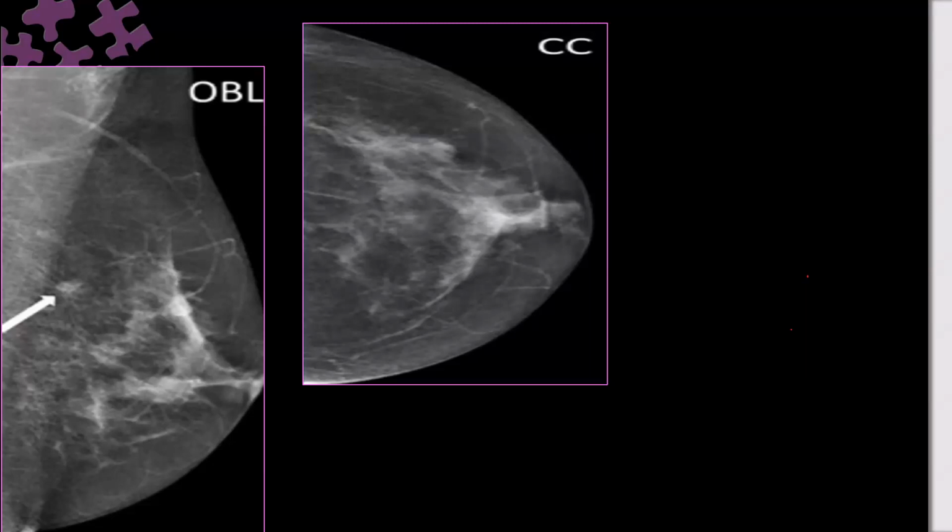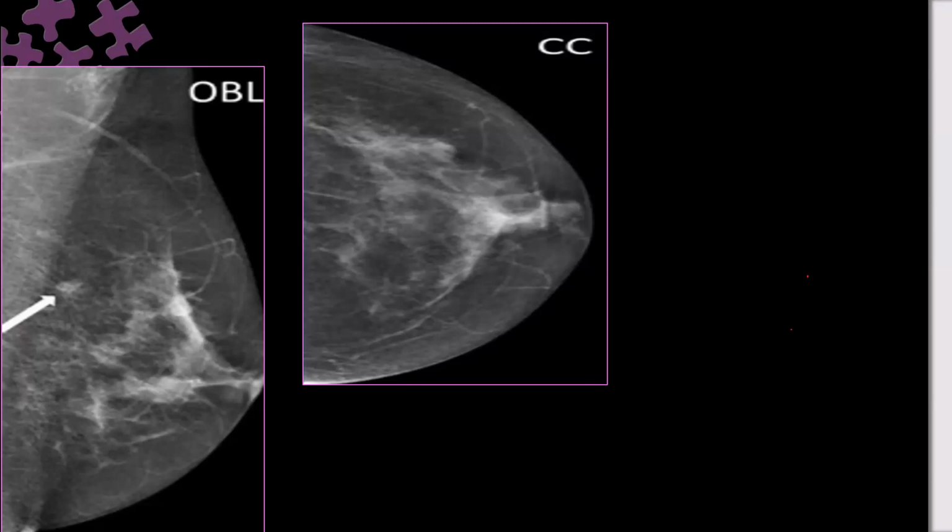When we say asymmetry, that means an opacity seen in a single view. Or you can say a suspected single view lesion for further workup. What do you like to do further?